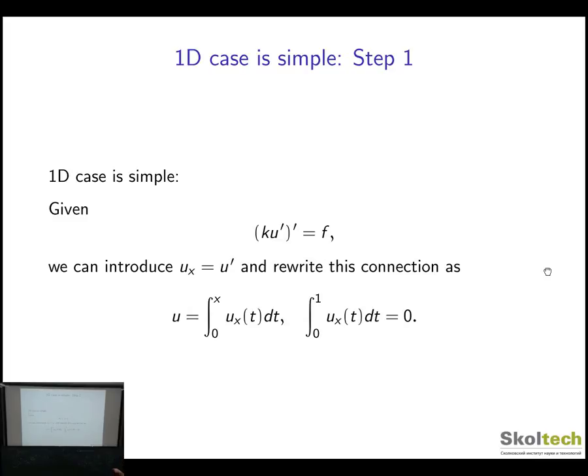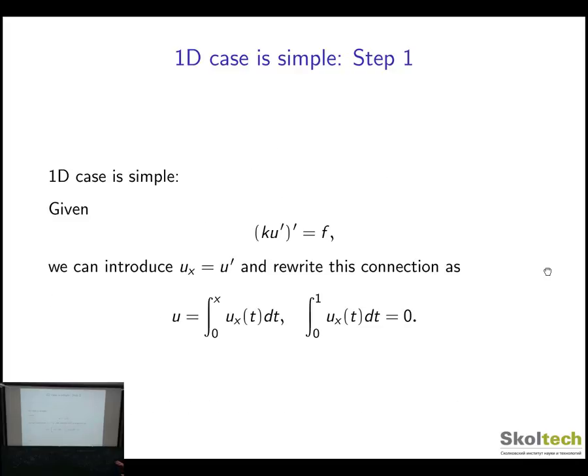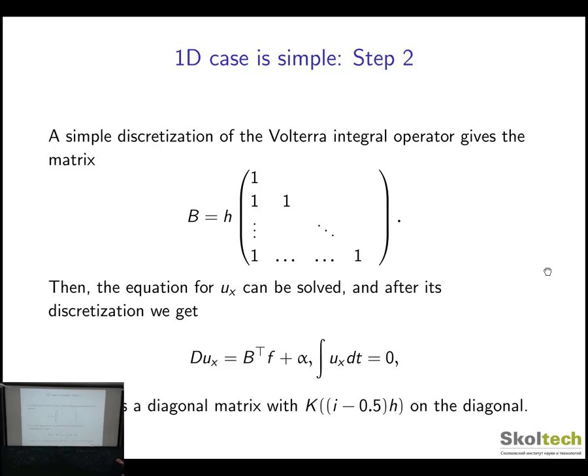And then instead of the boundary condition u at 1 equal to 0, we have that the integral of this derivative is equal to 0, that's all. And then we discretize not the gradient operator, but this Volterra integral operator, which is actually the inverse of a discrete gradient operator. Okay, and then we discretize that, and we get a very simple equation, but of course that can be easily solved.